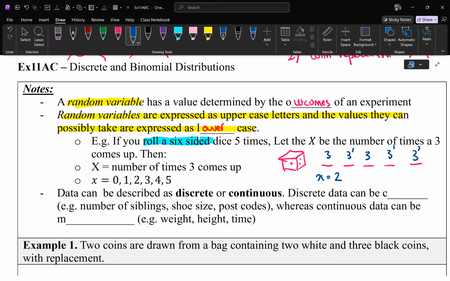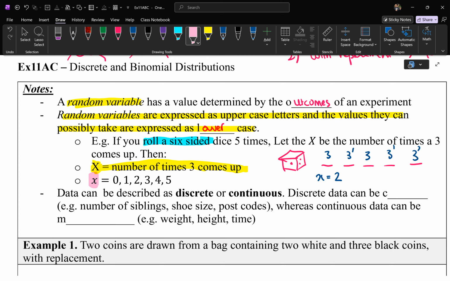See, capital X represents what is my random variable. My random variable is I'm interested in the number of 3s. How many 3s did I get in this particular experiment? I got 2. So if I actually wrote this out, do you see why capital X is the number of times that the 3 comes up? But then you use a little x because it depends on, well, how many different 3s can you get?